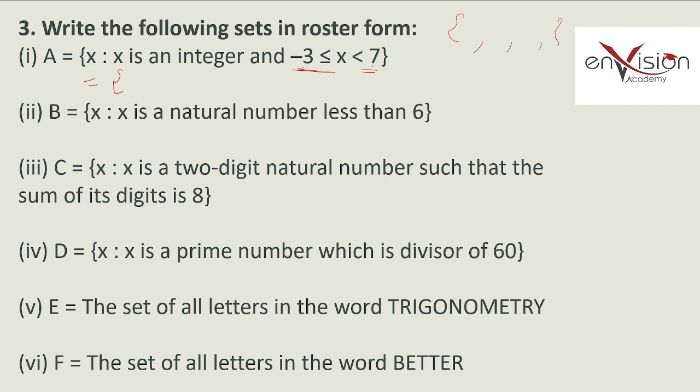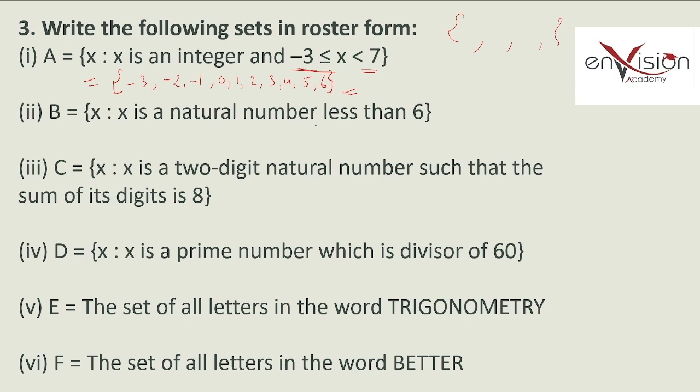Now you should not write 7, but you should write -3. So let's start from -3: -3, -2, -1, 0, 1, 2, 3, 4, 5, 6. We will not write down the 7 because here there is no equals to sign. So this is your roster form.